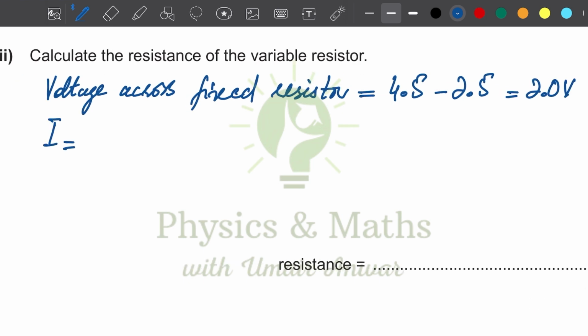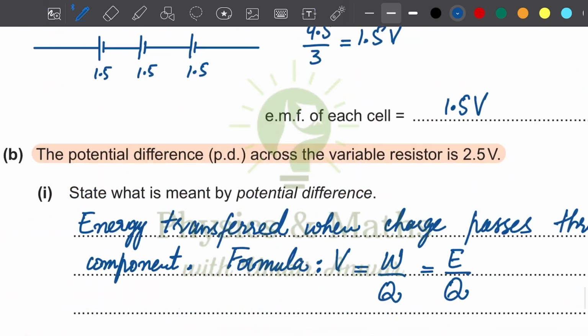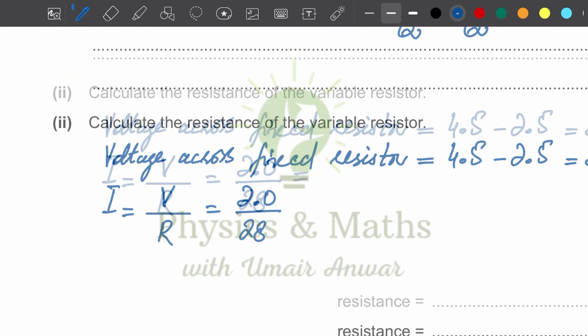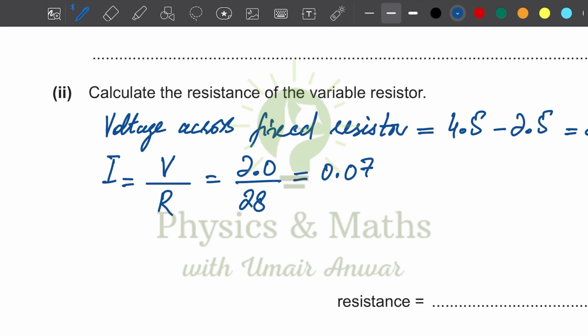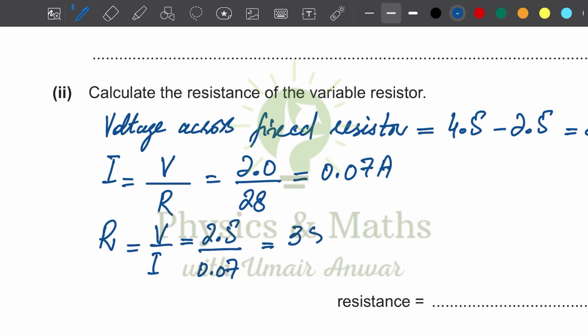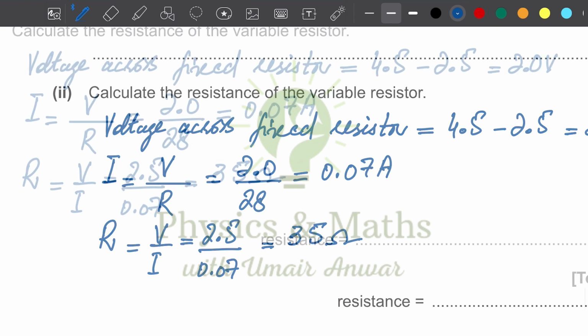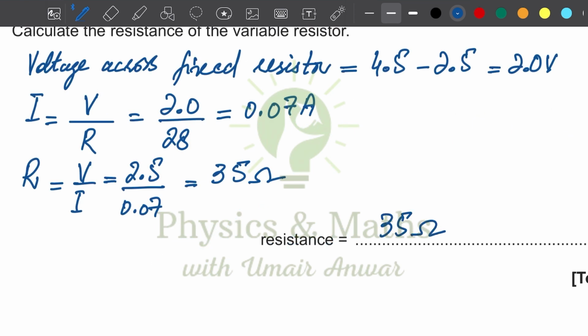So the current through the fixed resistor would be 2.0 divided by the value of its resistance, and it is given to us as 28. So the current is 0.07 amperes. Now the resistance of the variable resistor would be its voltage divided by the value of current. So the voltage is 2.5 and the value of current is 0.07. So the answer comes out to be 35 ohms. So the answer for this part is 35 ohms.